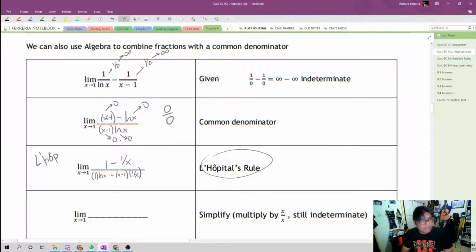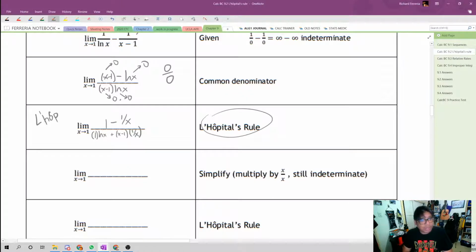You've got 1, which is the derivative of x minus 1, multiplied by natural log of x, plus x minus 1 multiplied by the derivative of natural log of x, which is 1 over x. Product rule on the denominator.